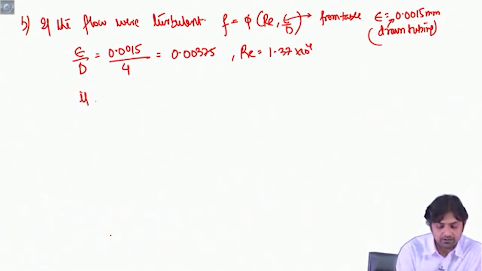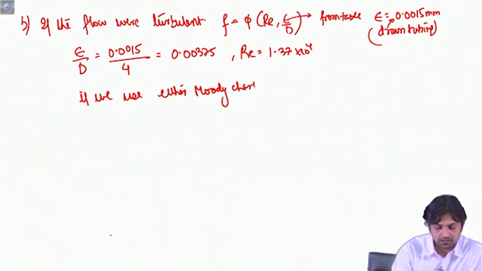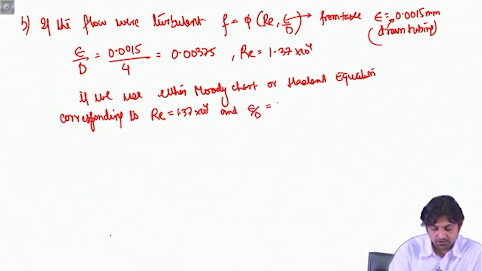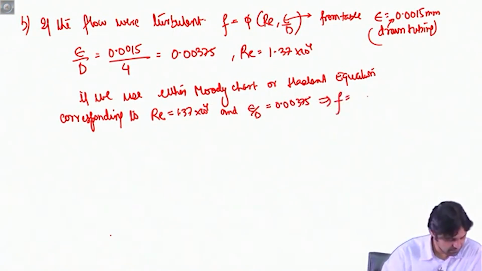So if we use either the Moody chart or the Haaland equation, corresponding to Reynolds number equal to 1.37 into 10 to the power 4 and epsilon by D of 0.00375, we will get f as 0.028.